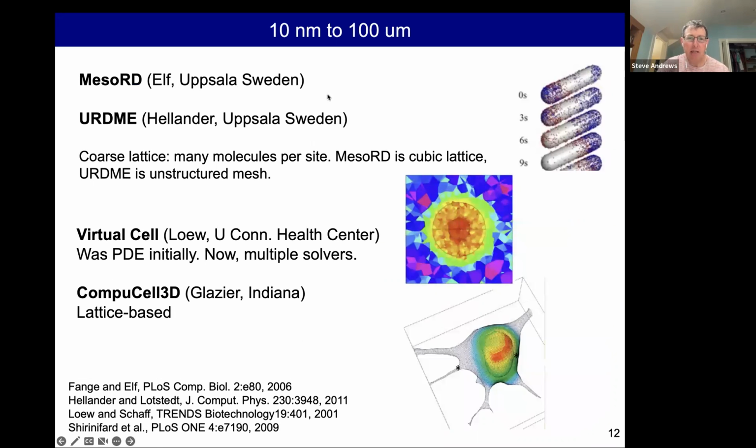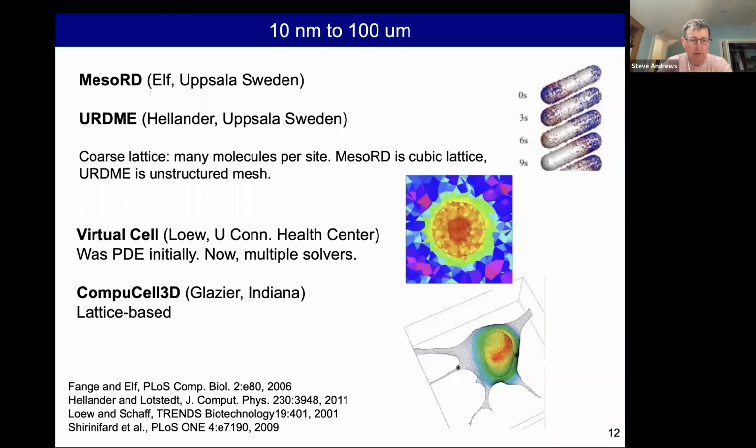Next, I scale up, 10 nanometers to 100 microns. There's MesoRD and URDME, both in Sweden. In this case, it's a coarse lattice with many molecules per lattice site. MesoRD is a cubical lattice, URDME has an unstructured mesh, but similar otherwise. And then also there's Virtual Cell out of the UConn Health Center.